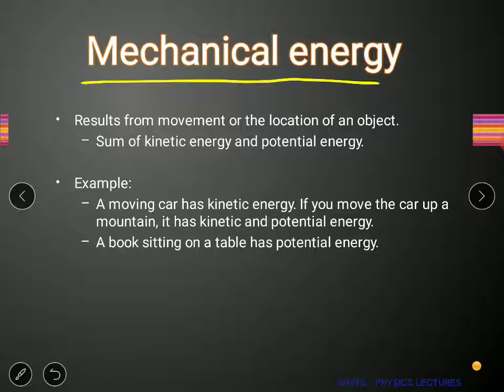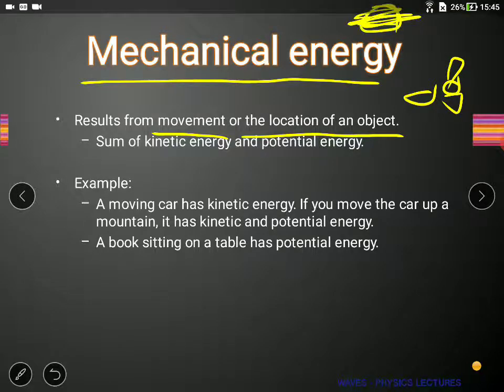So what is mechanical energy? It basically results from the movement or location of an object. If you have a dam, we know that you have some turbines there. These turbines are there, and I want to rotate them, so I'll put some water source at the top.